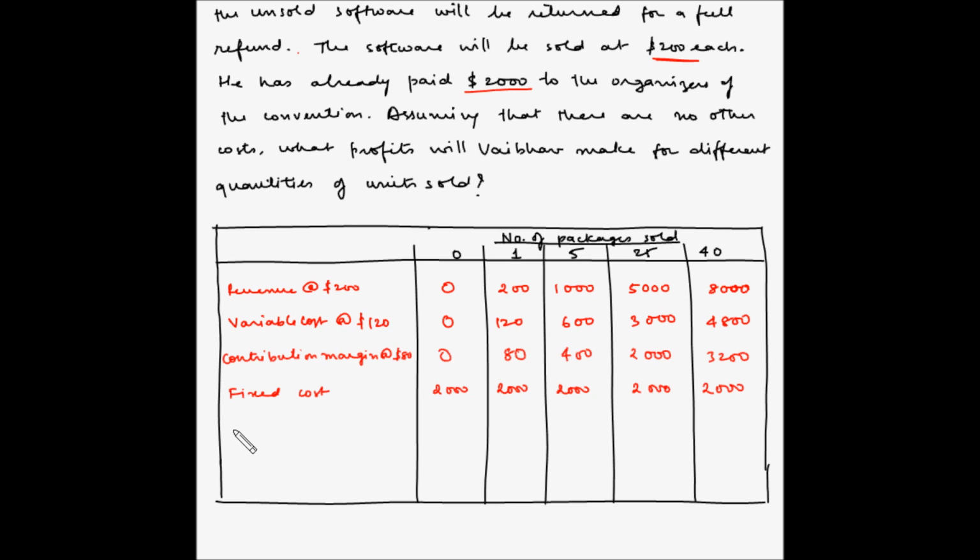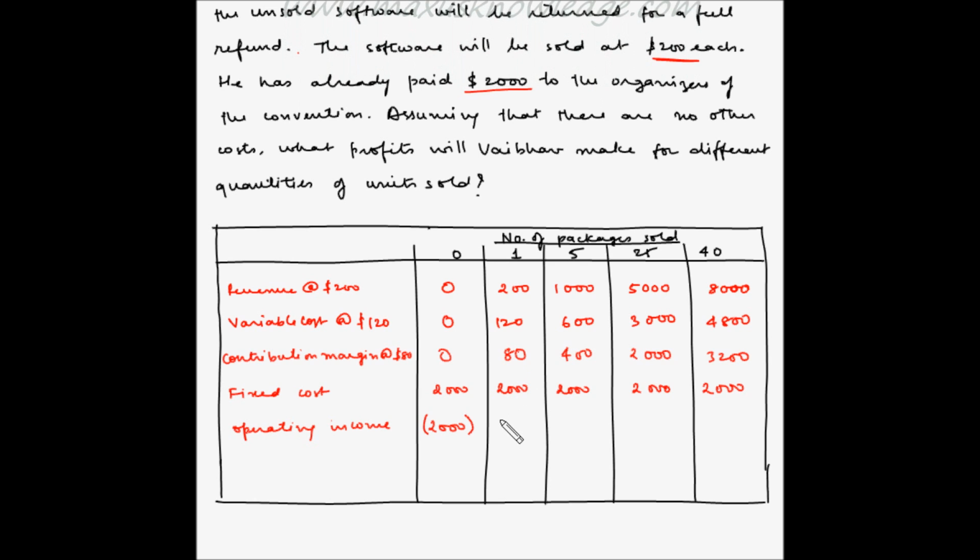And finally, what we'll find out is the operating income. So operating income will be equal to the contribution margin minus the fixed cost, because contribution margin is the amount that we are getting after subtracting variable costs from the revenue, and that contribution margin is contributing towards the fixed cost. So 0 minus 2000, so this is a loss of $2,000.